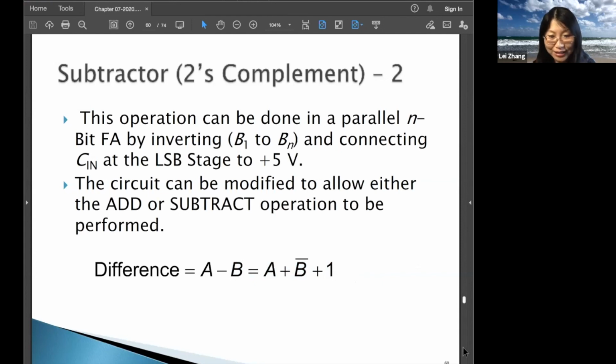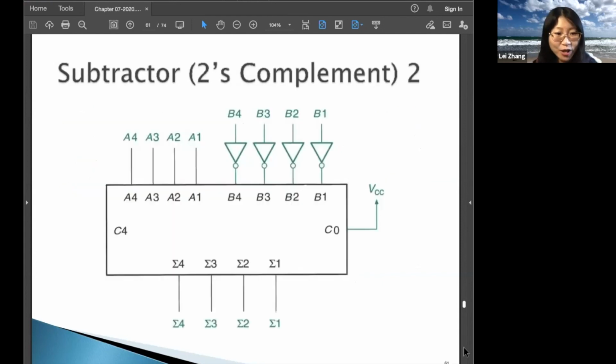Okay, so let's have a look at the circuit. This is our simple adder. This is our 4-bit A and 4-bit B. For 4-bit B, we want to do the subtraction, so we have to invert every bit. And this carry in bit C0 is connected to VCC. That means it's a 1.